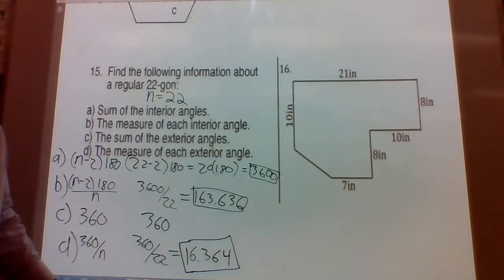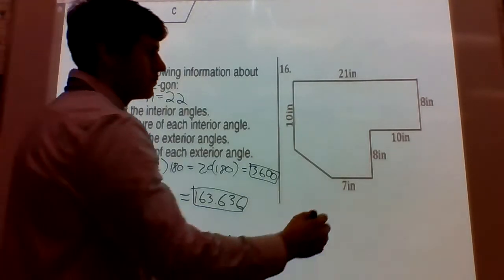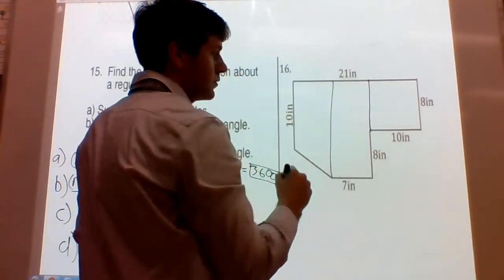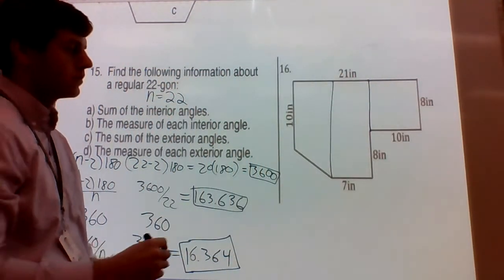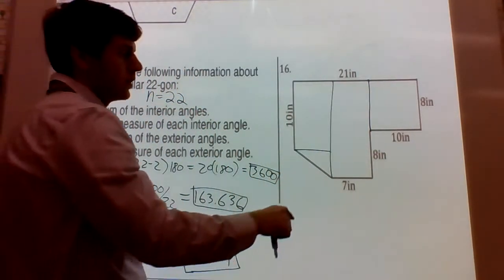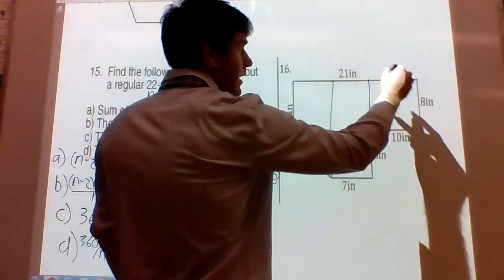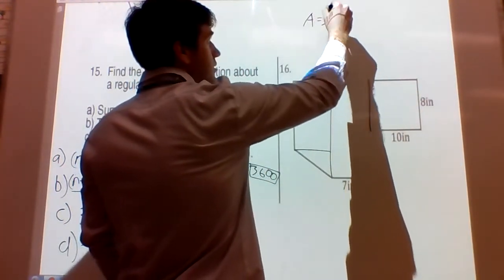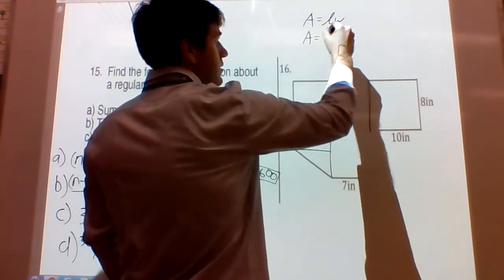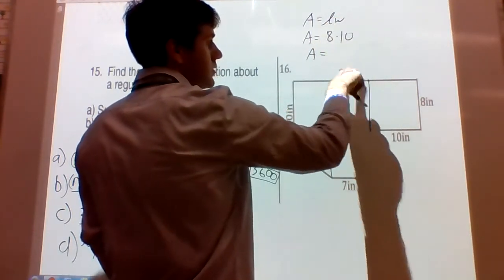Okay. Number 16. Again, we want to find the area, so we can divide it into 3 rectangles and a triangle. So let's start with this rectangle, which is 8 by 10, so area is length times width. So we have 8 times 10, which is 80.